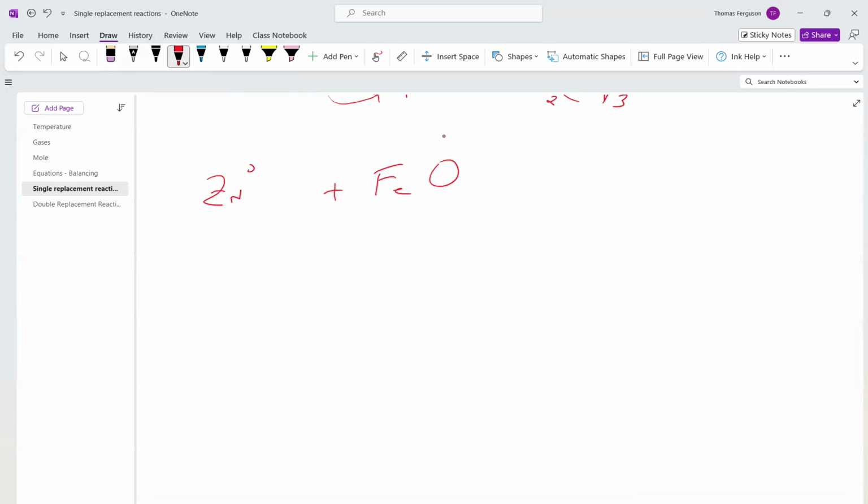That's not the formula for rust. It's a form of rust, but it's not the most common one. The reason I'm using this one is the calculations are easier. So if we throw iron oxide, FeO, and zinc metal together, is anything going to happen?